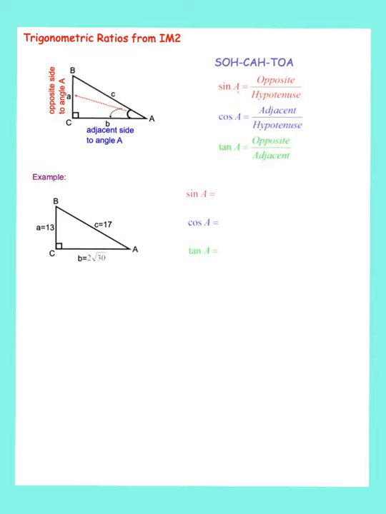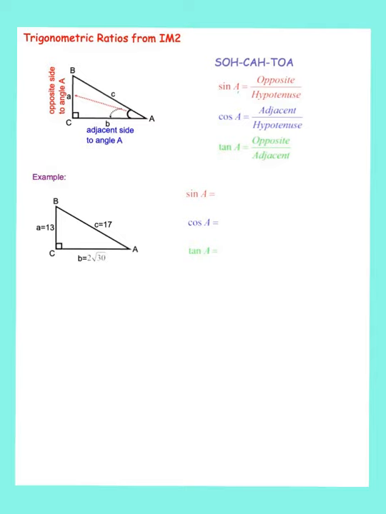So now we want to talk about what we mean by opposite and adjacent. If I'm talking about angle A, the side opposite to angle A is side A, which is the opposite leg to angle A. And if I'm again talking about angle A, side B is the adjacent side, which is part of the angle. It's one of the sides of the angle.